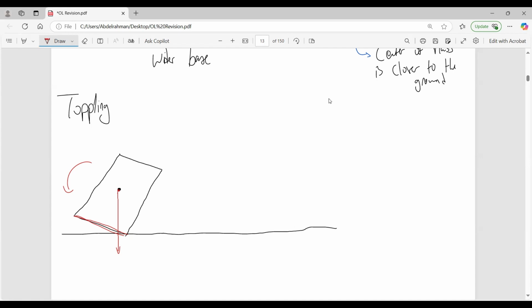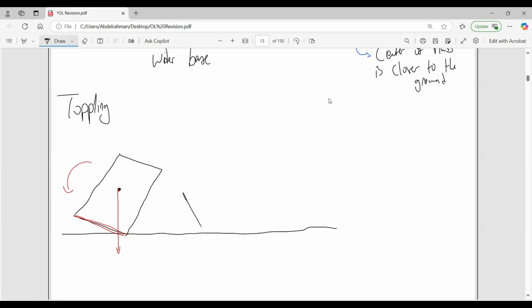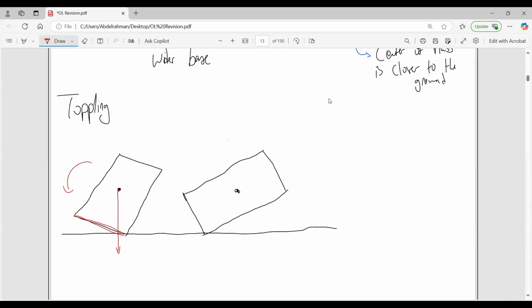Okay, what happens if I increase the angle? What happens if you increase the angle? Well, if I increase the angle this way, this object will definitely topple over to its side. This is the center of mass. And if you draw the line of center of mass, this red line that I'm drawing, it's called the line of center of mass.